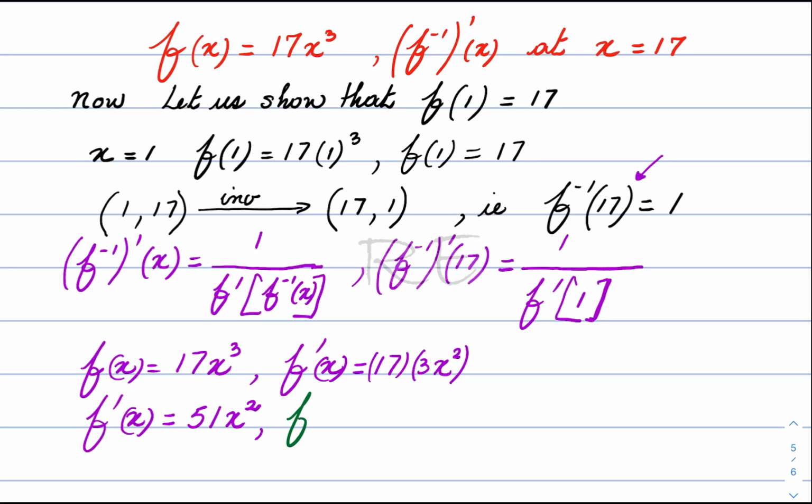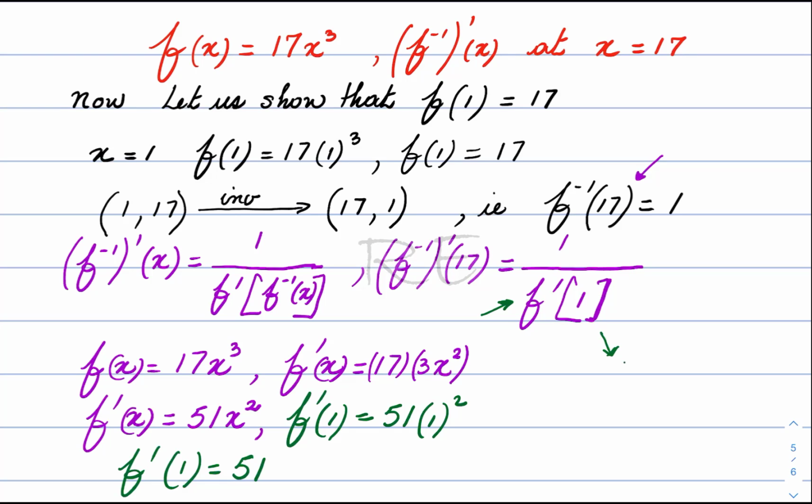And when x is equal to 1, the derivative of f of x is equal to 51 times 1 squared, which is just 51. So f prime of 1 is equal to 51.